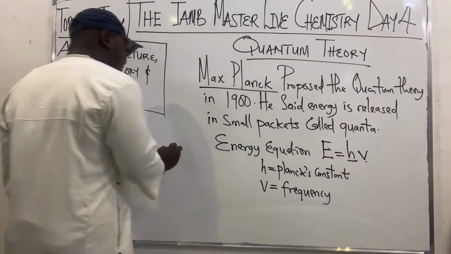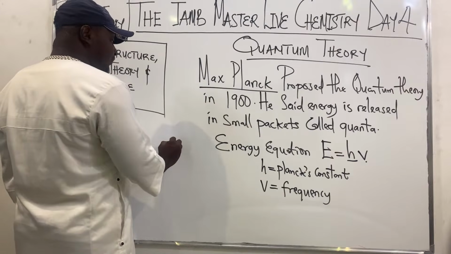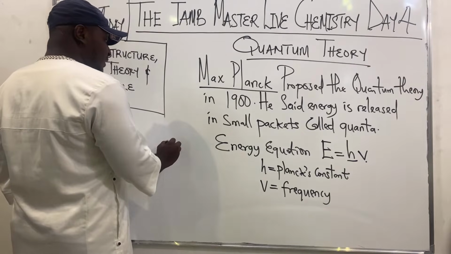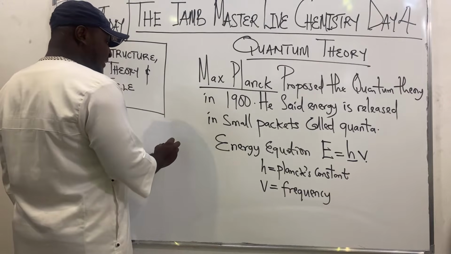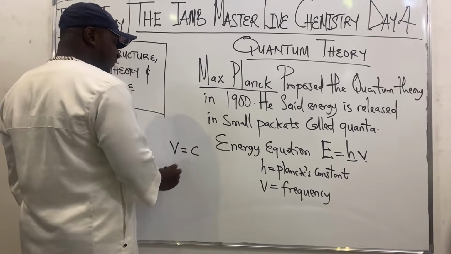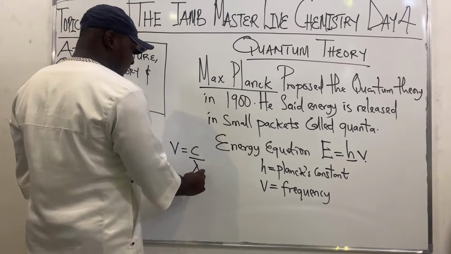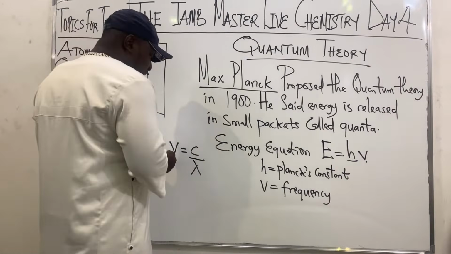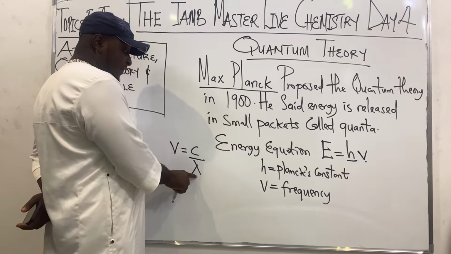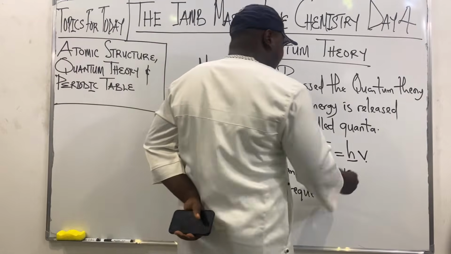But don't forget that in wave particle motion, the frequency v is equal to the speed of light c all over the wavelength. Meaning that we can replace v with c all over lambda.